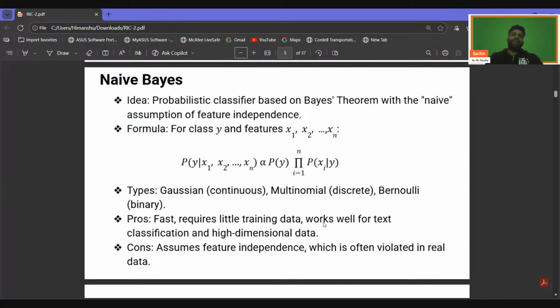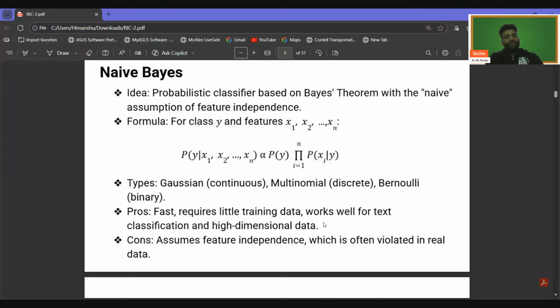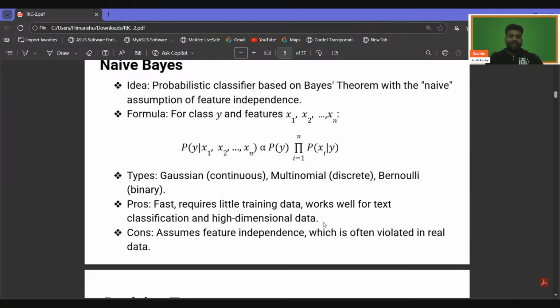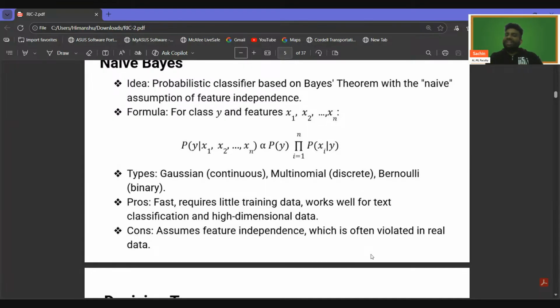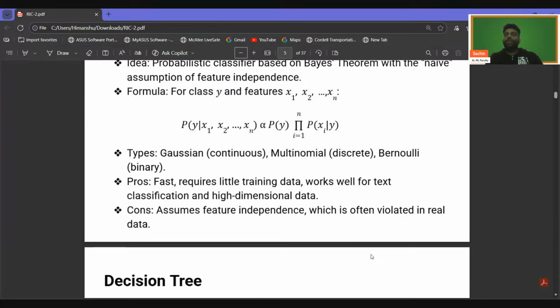We don't really need high data. It actually works with the high dimensional data as well. The only problem we are having, like the major problem, not the only problem, is, as you know, we talked about this, that there is an assumption that features are independent, conditioned on class labels, which need not be true in our day-to-day life.